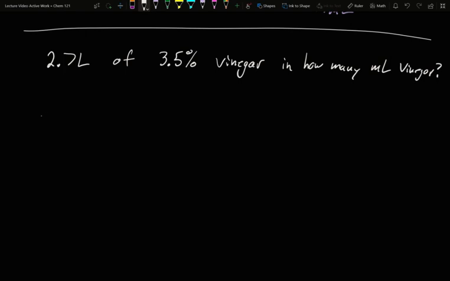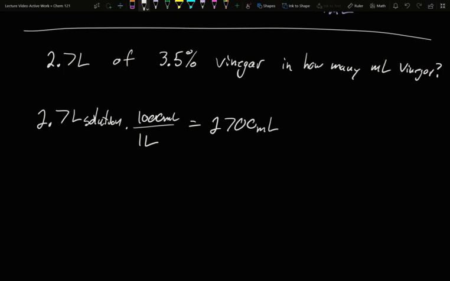Well, if you give it a shot, we have 2.7 liters of solution, which, if we're trying to solve in milliliters at the end, we should probably convert to milliliters. Every 1 liter is 1,000 milliliters, so this is really 2,700 milliliters of solution.